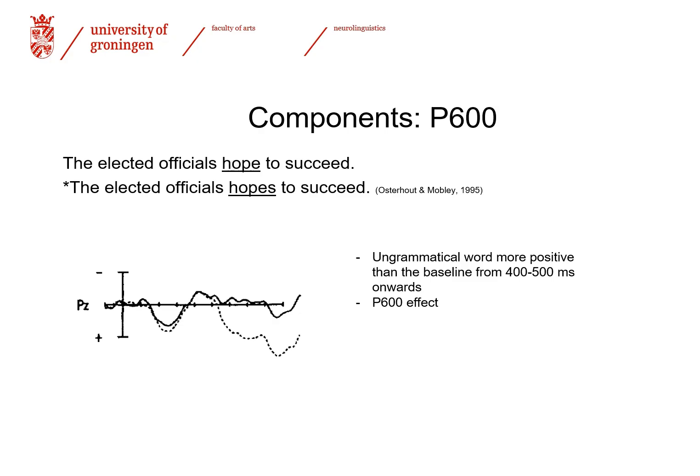We can't see the end of it. But the most important part is that it starts at around 400 or 500 milliseconds after the onset and is positive. And this effect is a very well-known and established effect called the P600. You may be wondering why 600 now, because the N400 peaks at 400 milliseconds, but the 600 here doesn't make a lot of sense.